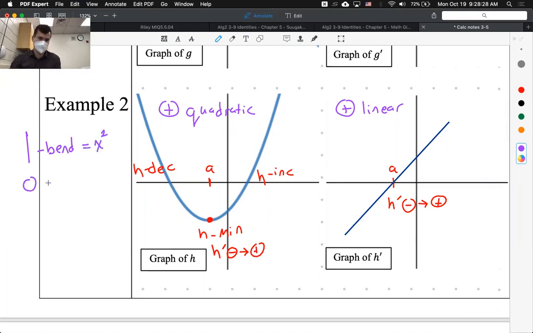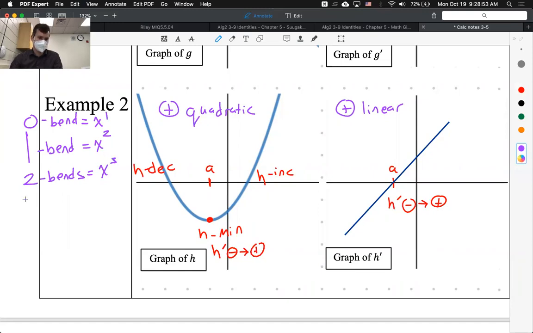If I have 0 bends, maybe I should put that above so that I'm consistent, that's x to the power of 1. If I have 2 bends, it's going to be x to the power of what? Chris, x to the power of 3.